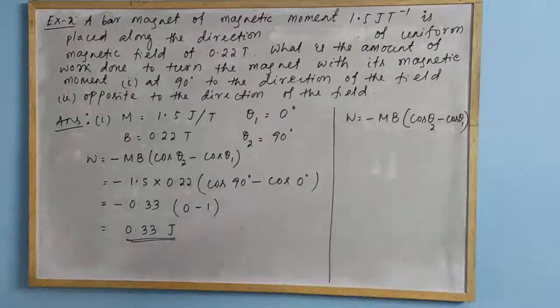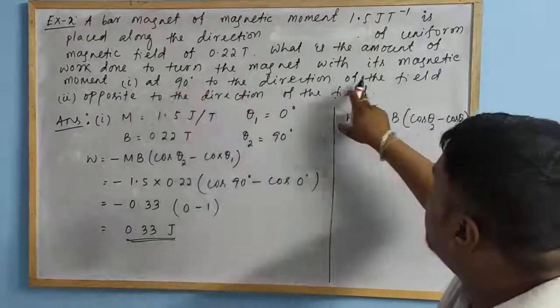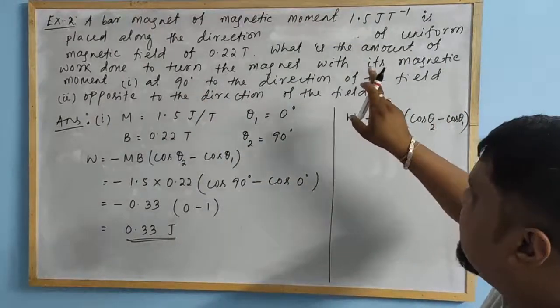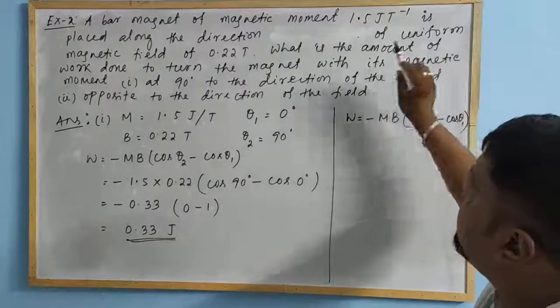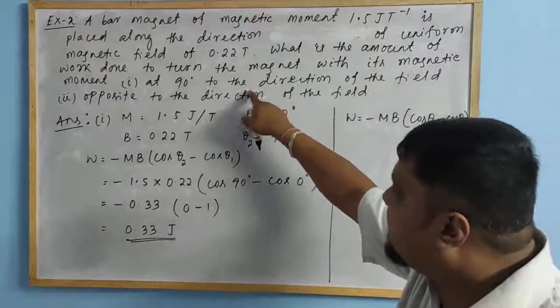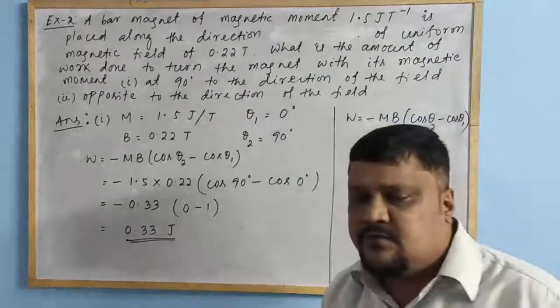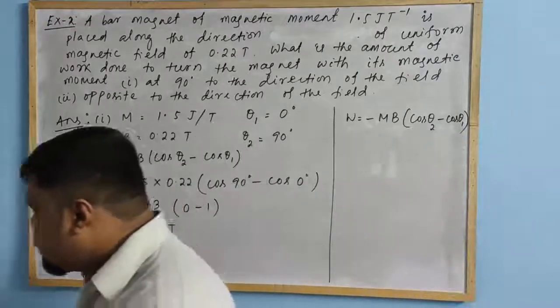This is the first part of example number 2, at 90 degrees to the direction of the magnetic field. Means if the bar magnet is initially along the direction of the magnetic field and it turns to an angle of 90 degrees, how much is the work done? 0.33 joule.